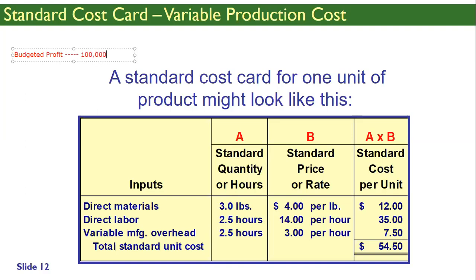So at the beginning of the year, when we started our year, we thought that our profit should be $100,000. But then we started doing the work, and our actual profit comes out to be, say, $85,000, okay? Or let's call it $80,000. Our actual profit is $80,000.